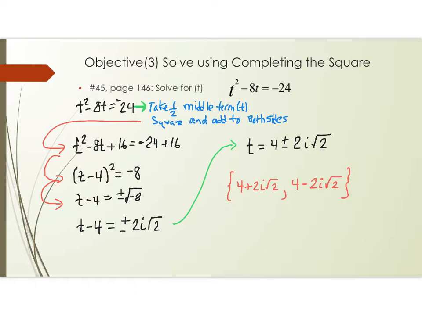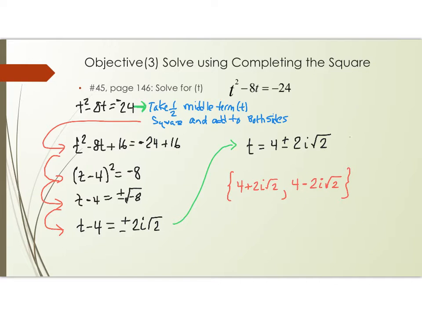And so I have t minus 4 is equal to plus or minus 2i square root of 2. Remember, i is the square root of negative 1. And now if I add 4 to both sides of the equation, t is equal to 4 plus or minus 2i square root of 2.